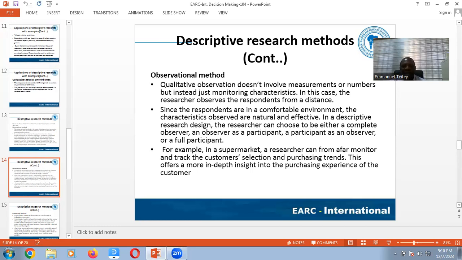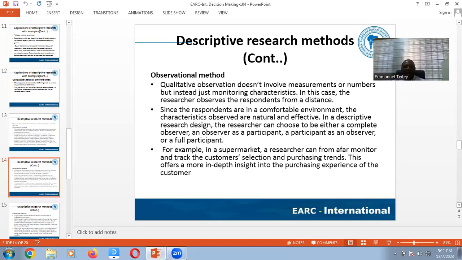Since the respondents are in a comfortable environment, the characteristics observed are natural and effective. In a descriptive research design, the researcher can choose to be either a complete observer, an observer as a participant, a participant as observer, or a full participant.